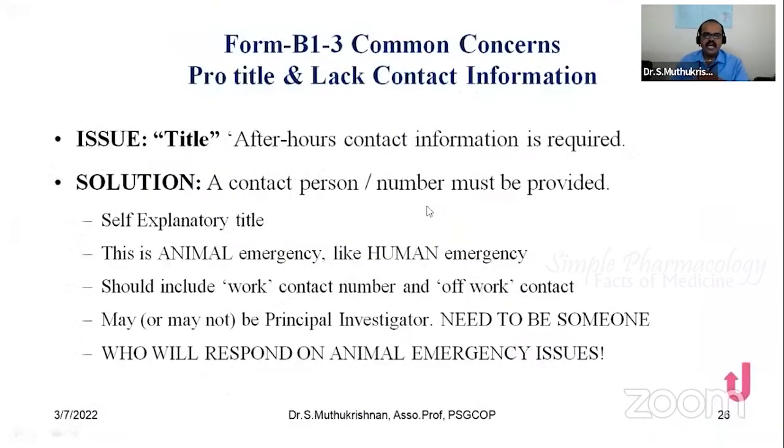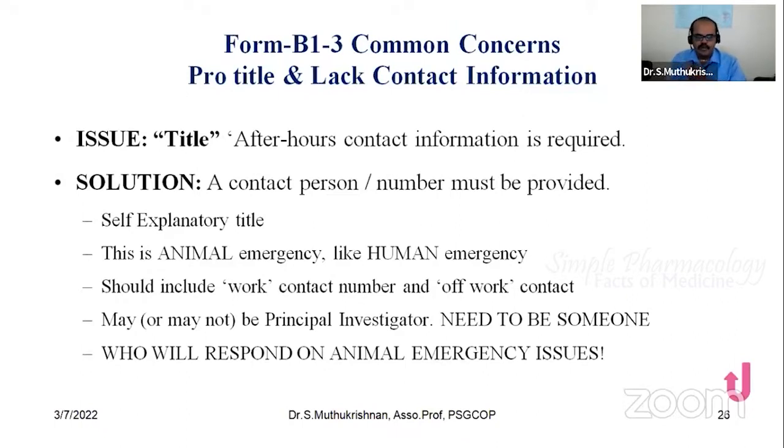Mention the contact details, because once you are doing the animal experimentation, if there is any emergency, you administer the drug, after that you monitor for 3 or 4 hours, and after that you can go back home. In case the animal has any emergency at that time, it is treated like a human emergency. For that time, we have to contact either the principal investigator or the authorized person.